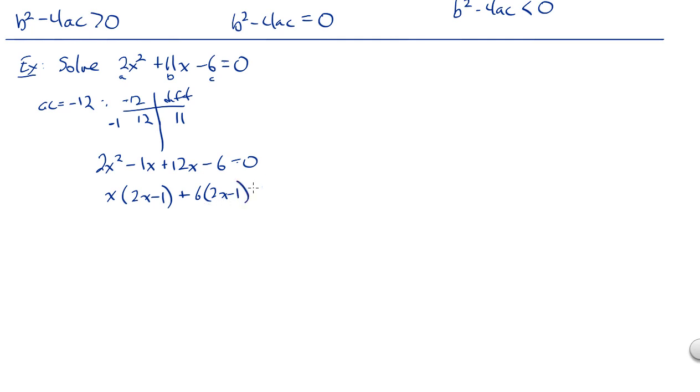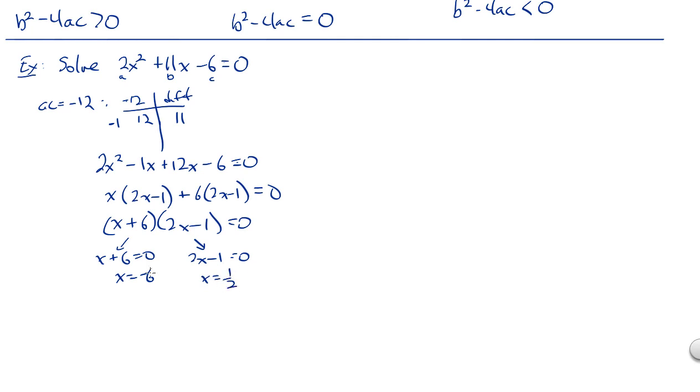We're looking for that 2x minus 1 there. And now we can factor out the 2x minus 1. We get x plus 6 times 2x minus 1 equals 0. Now we have two mini equations. x plus 6 equals 0, or x equals negative 6. And 2x minus 1 equals 0, or x equals 1/2. So there's our solutions: x equals negative 6, or 1/2.